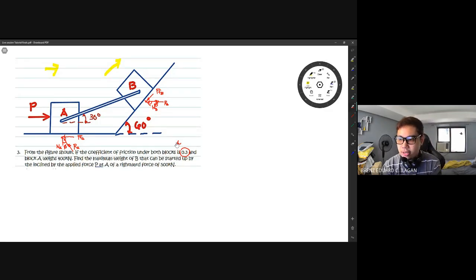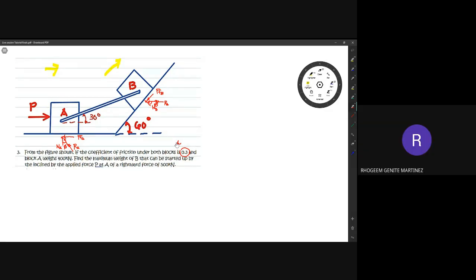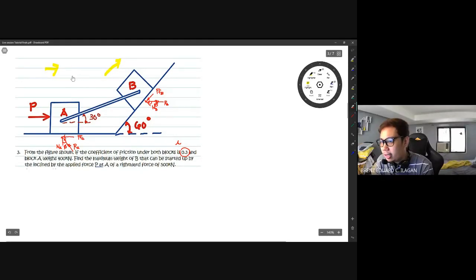So nasa notes niyo yan. Tangent inverse mu. So tangent phi, or the tangent of angle of friction, is just equals to mu. So therefore, yung ating angle of friction is just equals sa arctangent ng 0.3.